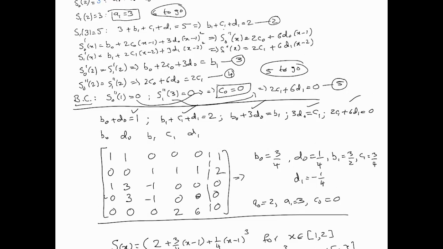S0 dash is this one and S1 dash is this one. Applying S0 dash of 1, all of these terms disappear and leave just the b0 here, so b0 is 2, and S1 prime of 3 is going to give us an equation.